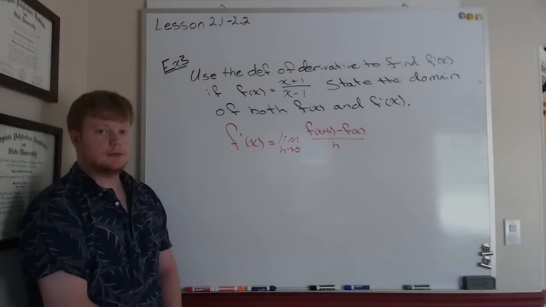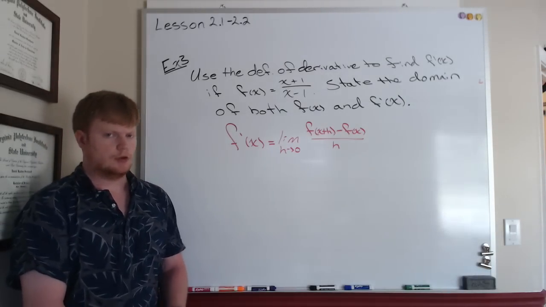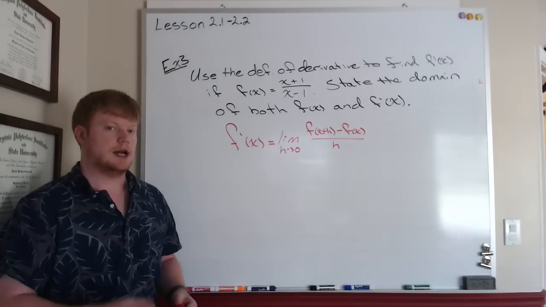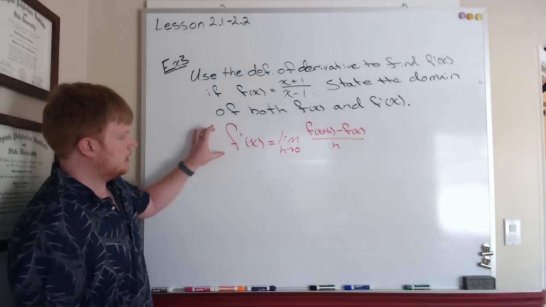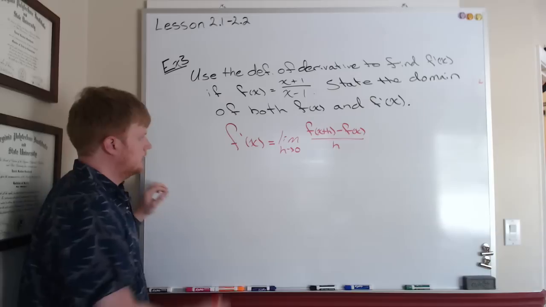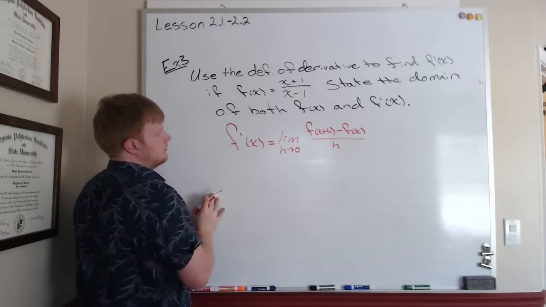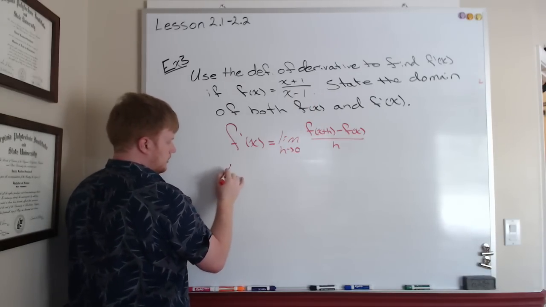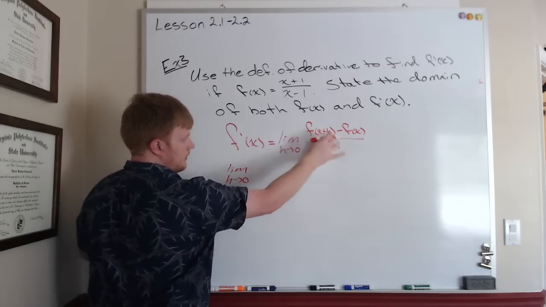Okay, let's do an example of using the definition of derivative to find the derivative of a function. And we're looking for the derivative function, not the derivative at a point. So I've gone ahead and written the definition of the derivative function. And we're going to use this formula to find the derivative of f. So I want the limit as h approaches 0 of f of x plus h.